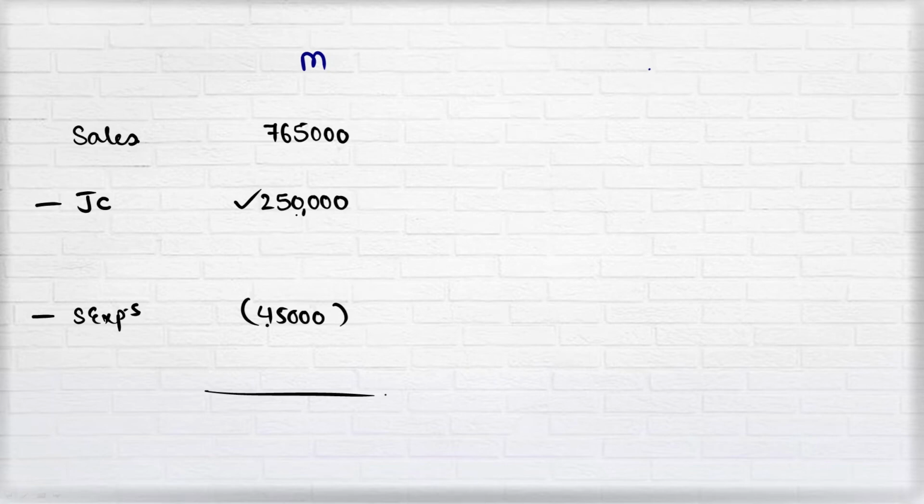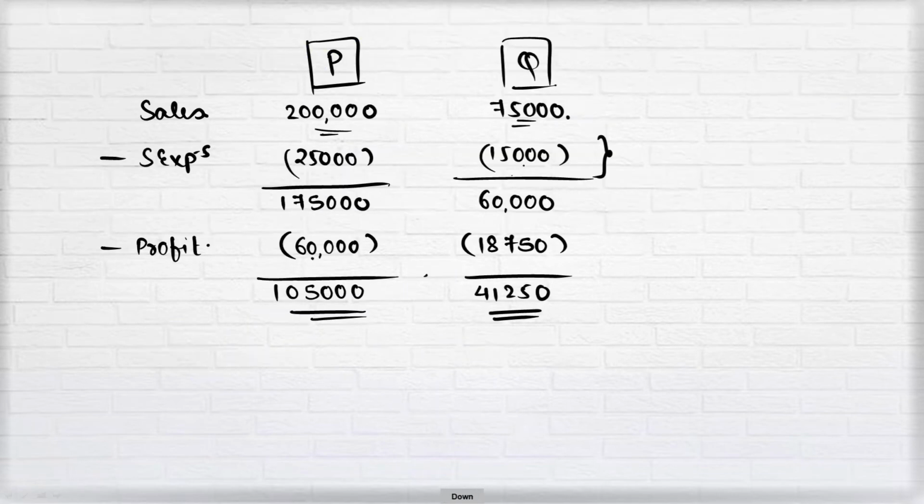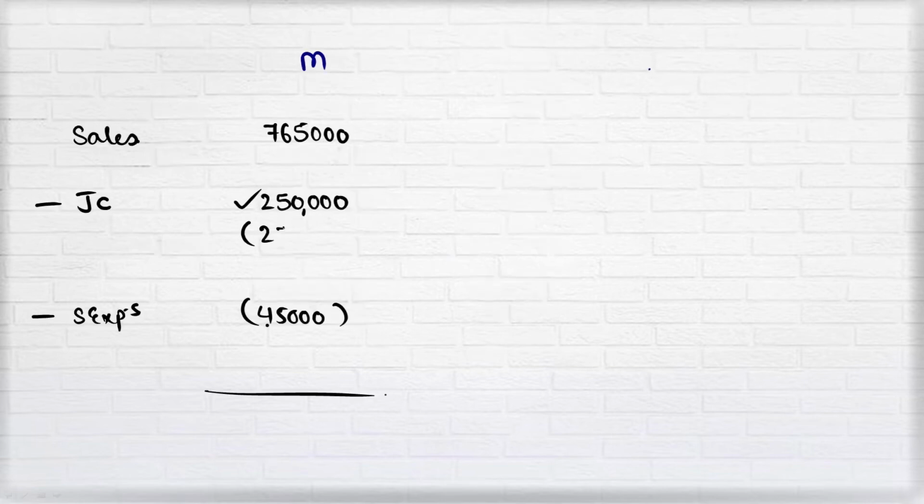See, joint cost I have recorded at 2,50,000. But there are byproducts which will help to reduce my cost. Byproducts will help to reduce my cost by rupees 2,75,000.